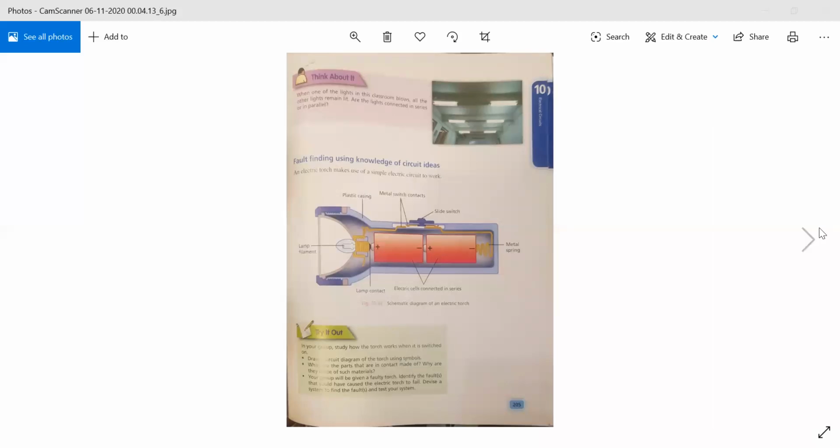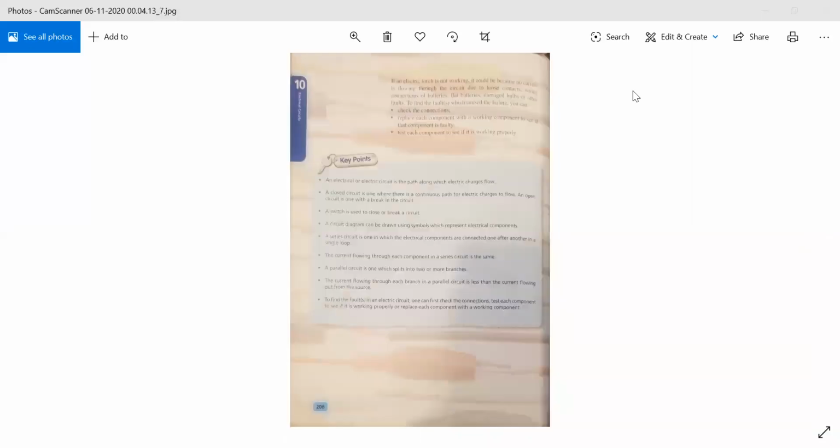Moving on to page number 206. If an electric torch is not working, it could be because no current is flowing through the circuit due to loose contacts, wrong connection of batteries, flat batteries, damaged bulbs, or other faults.